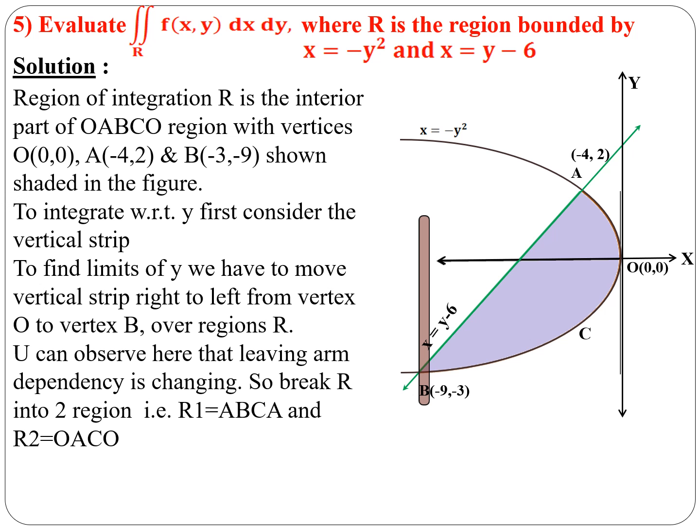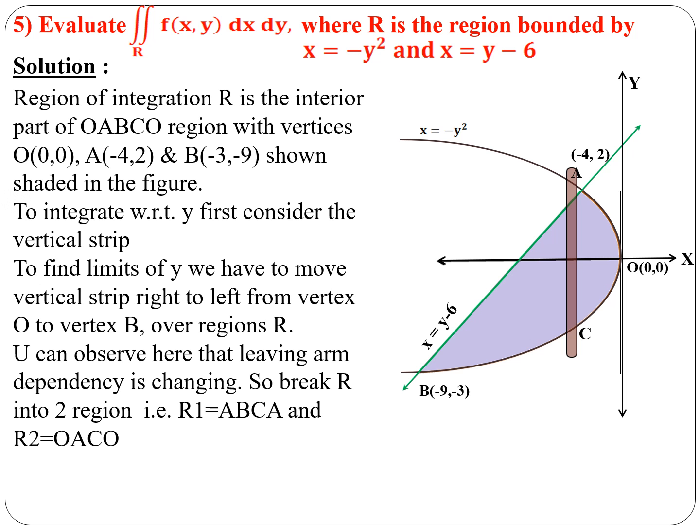So this region is now divided into two regions. Once again, observe minutely. If we move from A to B, then the leaving strip depends on AB, and if you move this strip from O to A, then the leaving strip depends on the OA curve.